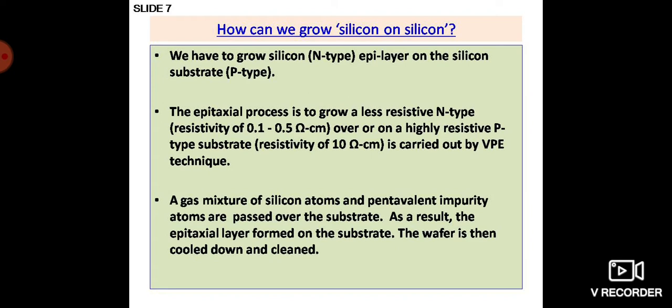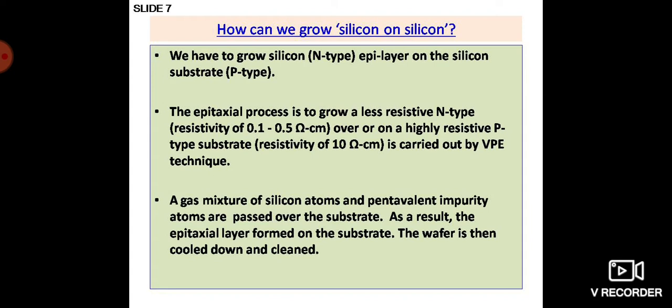And the whole process is done by the VPE technique, vapor phase epitaxy, involving some chemical reactions. We carry out VPE in vapor phase, that is, we have to use some gases. You can see in the third point that a gas mixture of silicon atoms and pentavalent impurity atoms is passed over the substrate.